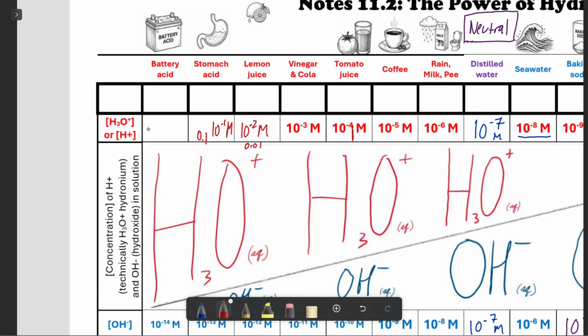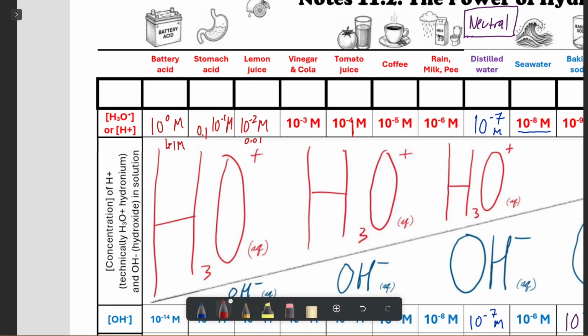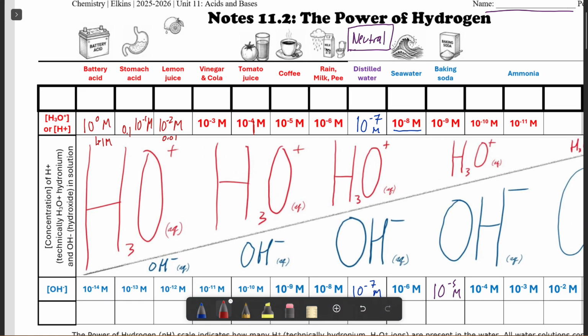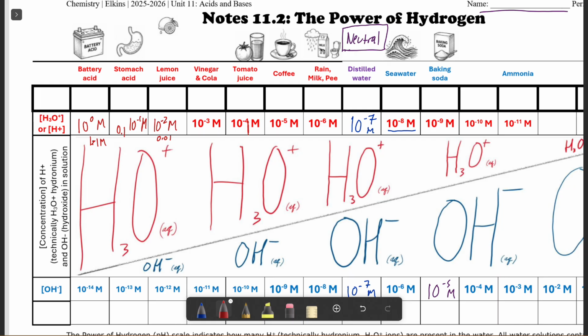Okay, battery acid is as high as you can get. That's 10 to the 0 molar, which is just another way of saying 1 mole for 1 liter. Okay, so this is like pure hydronium by this point. And you get hydrochloric acid involved over here that's making it like that. Okay, so that's a really highly concentrated molar solution.